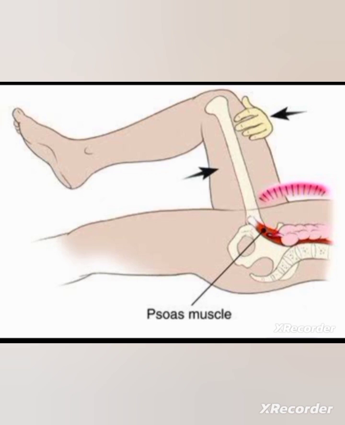When the patient tries to lift the right leg, it causes friction of the psoas muscle over the inflamed appendix. This sign is known as the psoas sign.